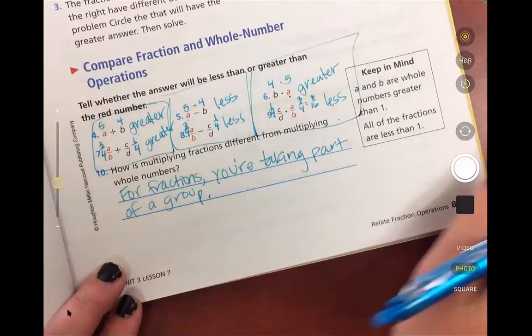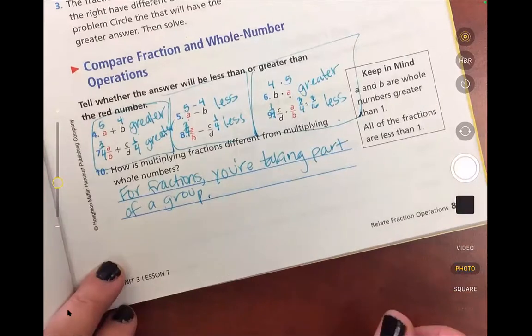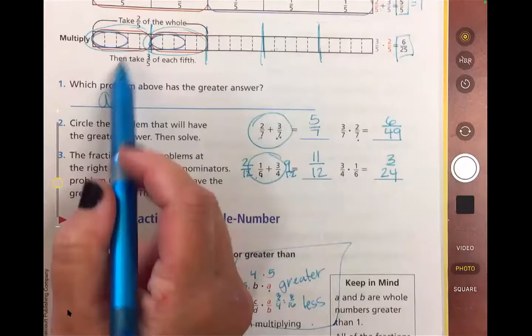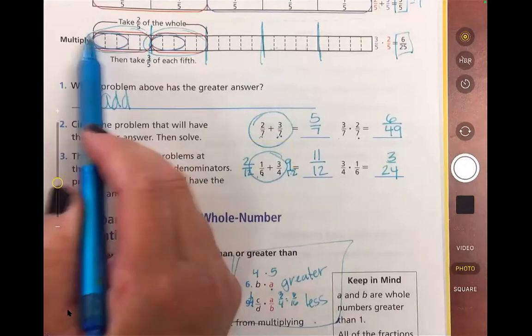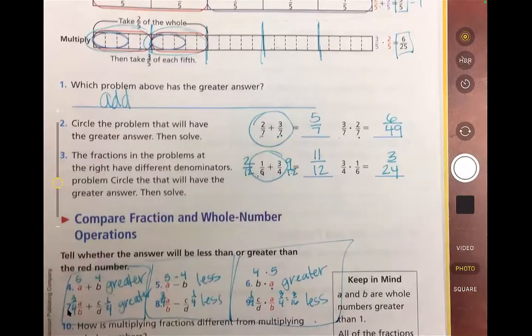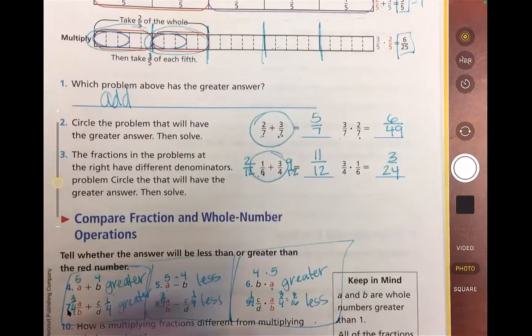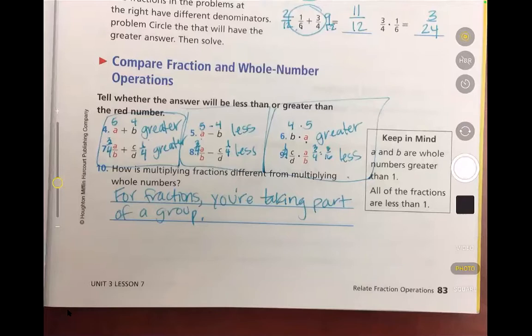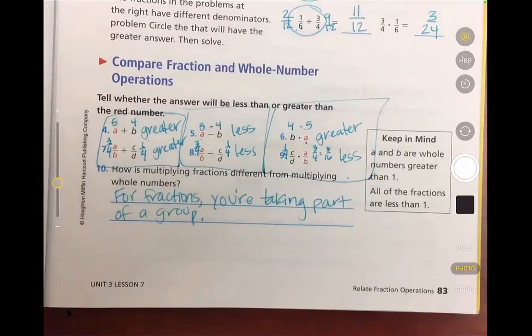For fractions, you're taking part of a group. And that is evident up here, right? Because we had our 2/5 and then we took part of that 2/5. We took part of those groups. So when we multiply fractions, we're taking part of a group. Okay, did we get that written in?